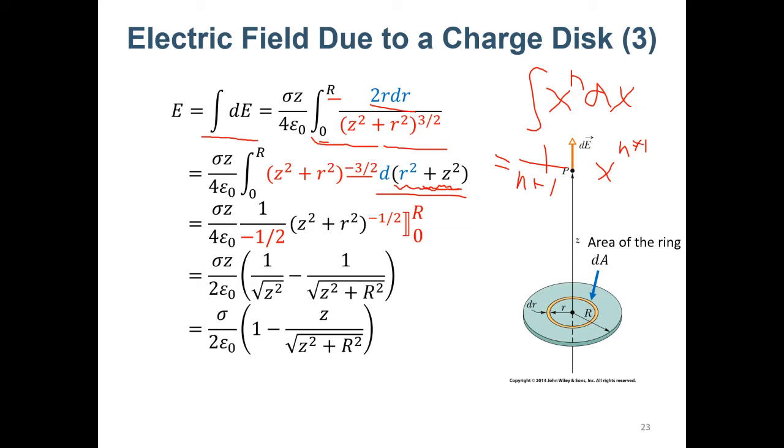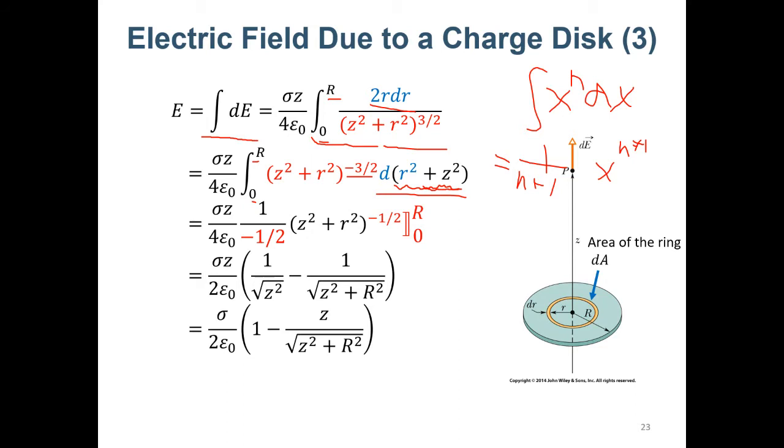Of course, if it is an indefinite integral, it should have a plus c, but here we have a definite integral, so we don't really need to add c. We only need to substitute R and 0 into this expression, and then subtract them.